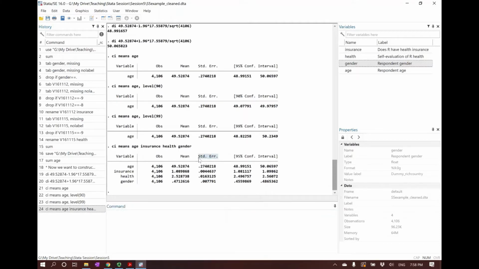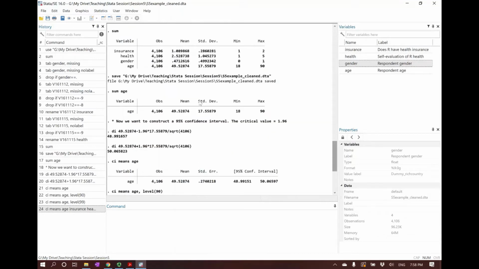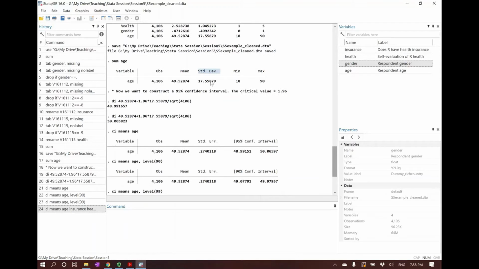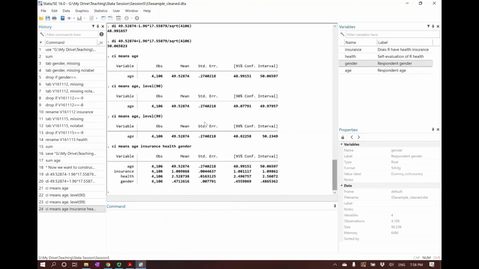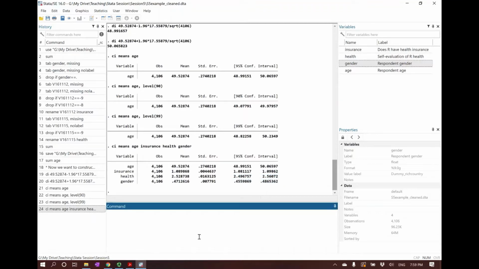If you see here, standard error is a little bit different from the standard deviation. Standard error is the standard deviation divided by the square root of n. Okay, so that's basically the mean plus and minus that standard error that gives you the interval. So you could calculate a list of variables at the same time.